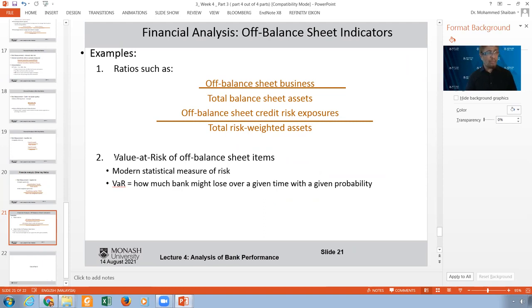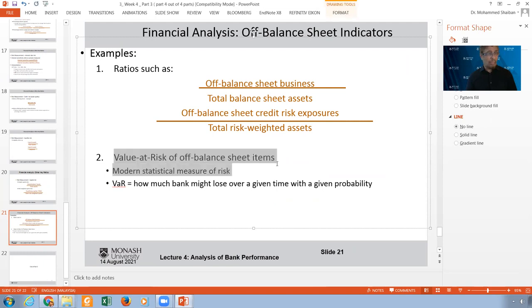And finally, we have a very important measure, called value at risk. Now, value at risk is related to market risk, which we will take in week 8. Week 8 is only about value at risk.